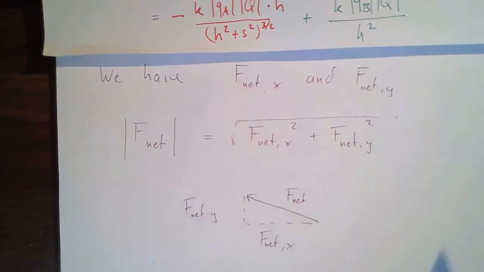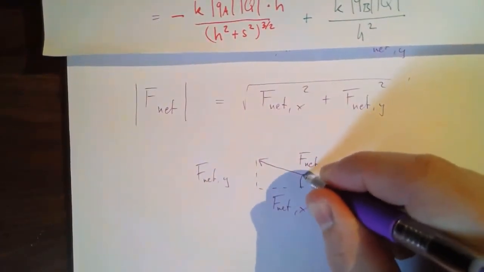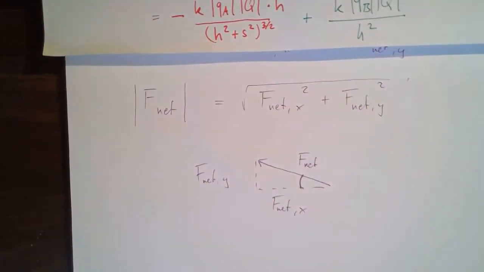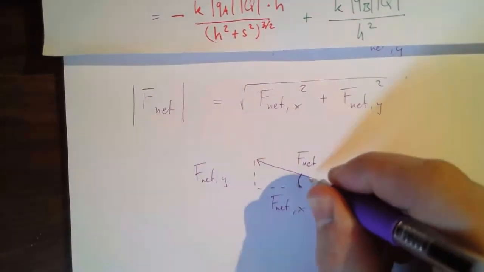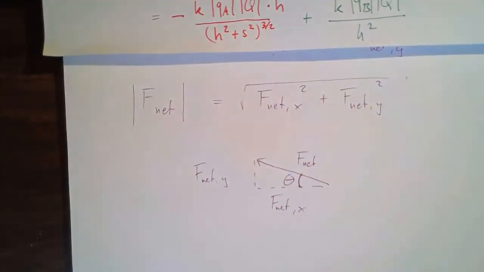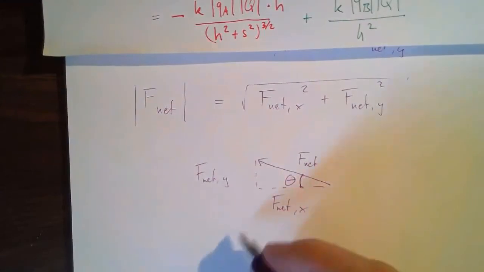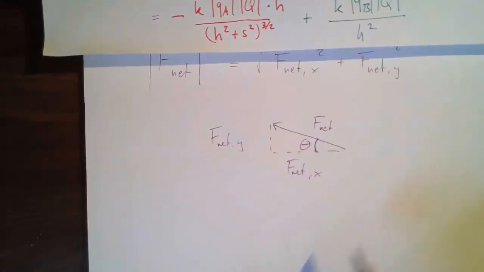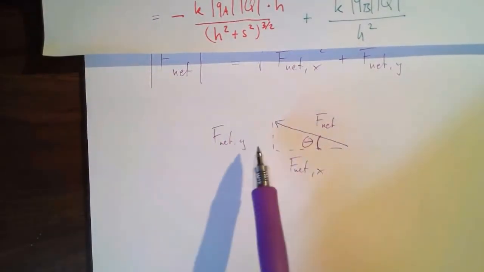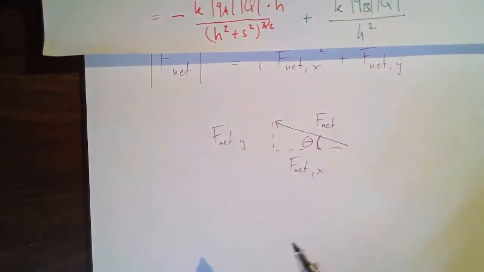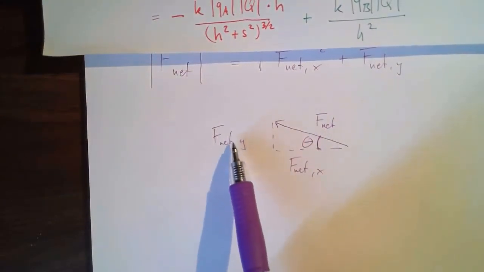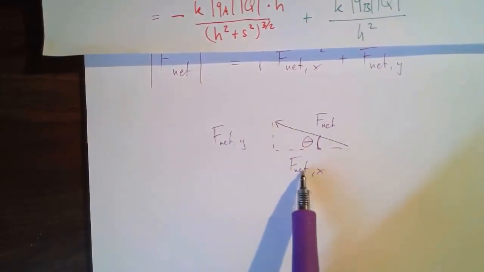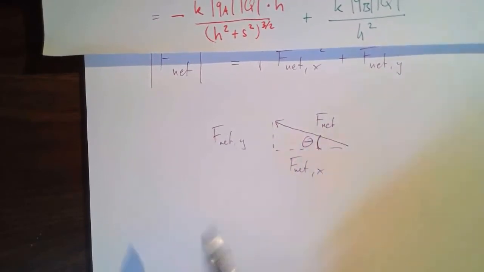Well, then I can find perhaps this angle here. What is this angle? Let's call it theta. Well, in geometry, I have all sides of the triangle. So I could use cosine or sine or tan. It's entirely up to me. I'm going to use tan because those two were kind of the original values I found.